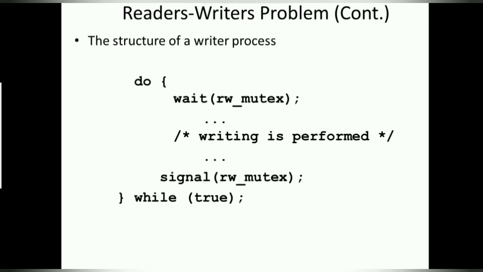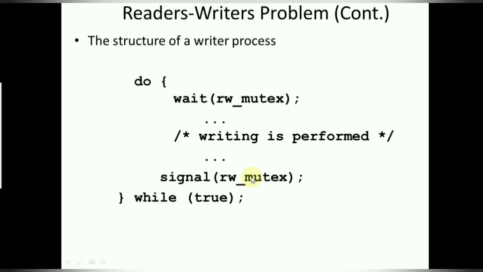As said earlier, if a writer process wishes to write, we must ensure that only one process is writing. So we are using wait and signal. Whenever the writer process wants to write or manipulate the shared data, it runs wait on the read-write mutex.